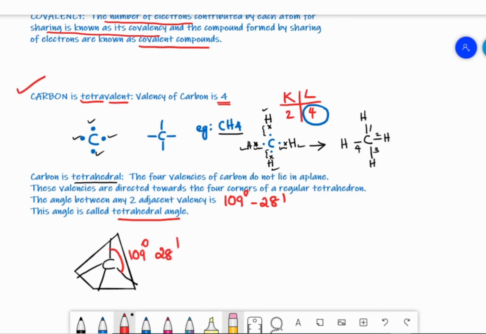So carbon is tetravalent, which means its valency is 4. It can form bonds with 4 other atoms or with another carbon atom, and it is also tetrahedral. Tetrahedral means the 4 valencies are directed towards the 4 corners of a regular tetrahedron, and the bond angle between any 2 adjacent valencies is 109 degrees 28 minutes. This angle is called the tetrahedral angle.